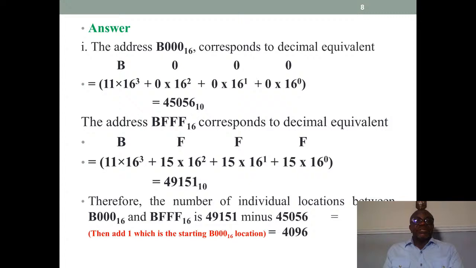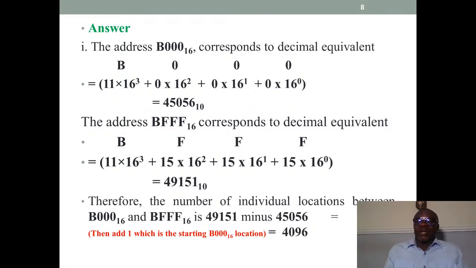Likewise, we do the same thing for the final address location. The first digit, which is the least significant of the 4 digits, is F, which is 15. It becomes 15 times 16 raised to power 0.